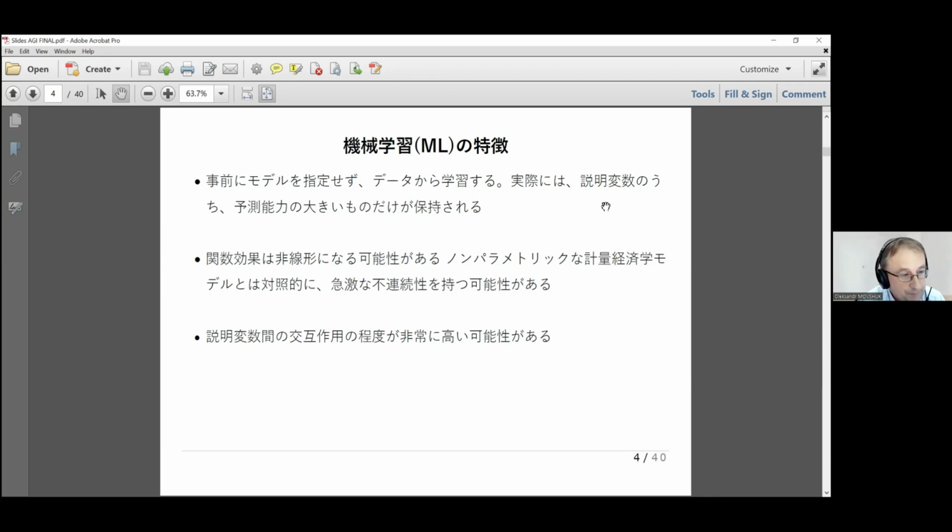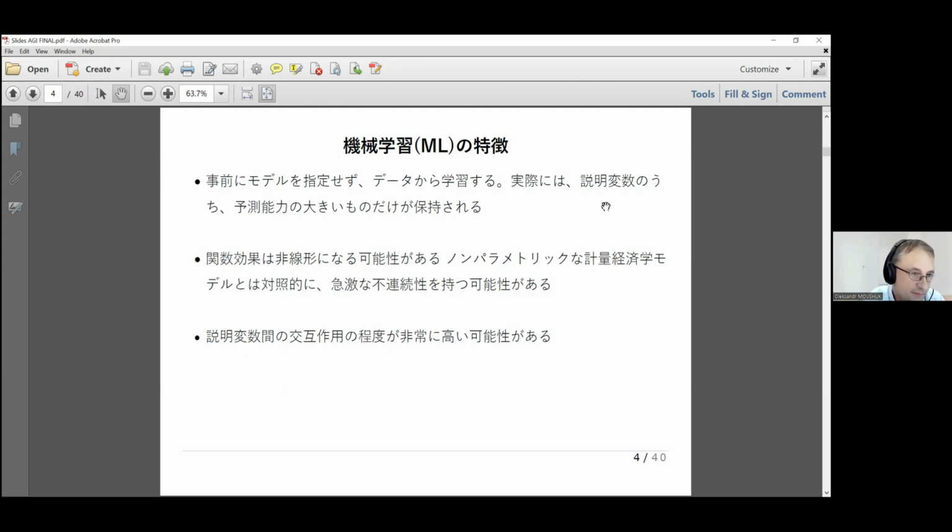Also, machine learning is a bit similar to non-parametric econometrics, but there is one big difference. In non-parametric regression, the pattern that we estimate is also not specified. But non-parametric models usually assume a smooth transition across the possibly nonlinear effect.